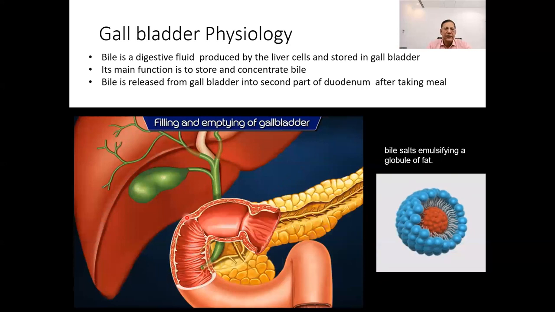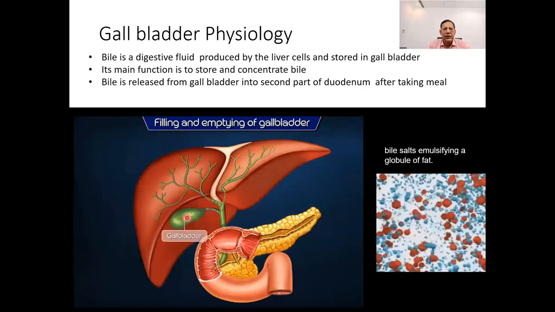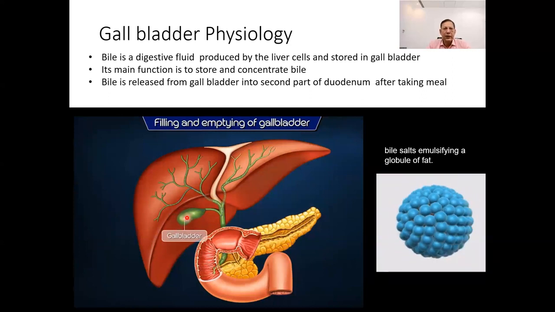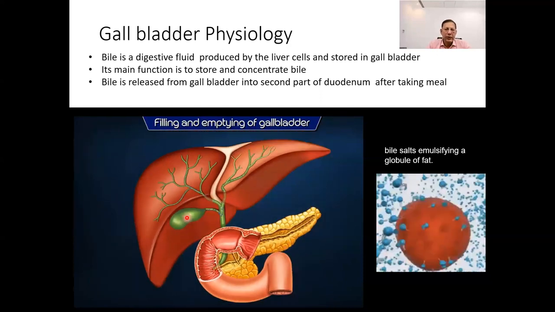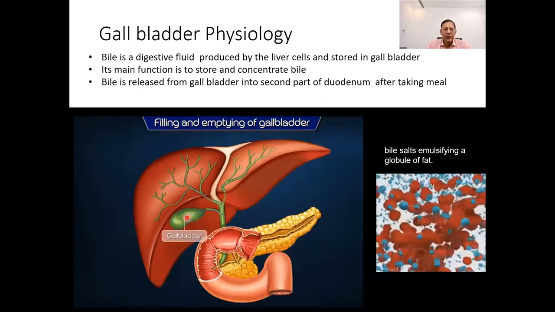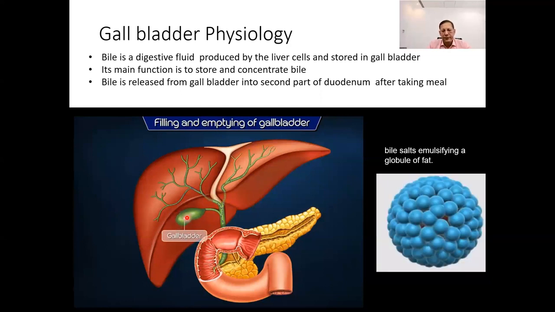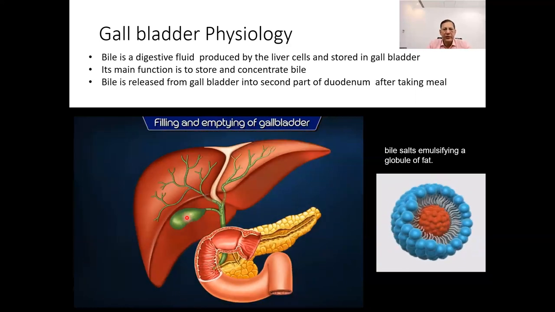So remember, cholecystokinin stimulates the contraction of the gallbladder, and then the smooth muscle cells surrounding the ampulla, which we studied as the sphincter of Oddi, relax, allowing the flow of bile into the duodenum, which is the first part of the intestine.